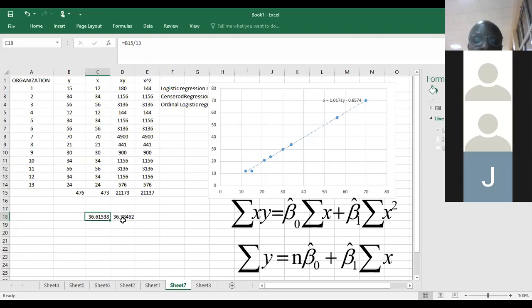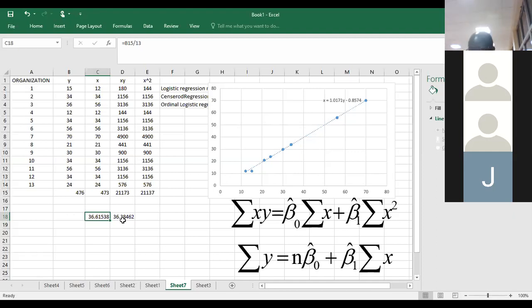I'll repeat. 211.73 equals 473 into 36.6 minus 36.4 beta 1 cap bracket.